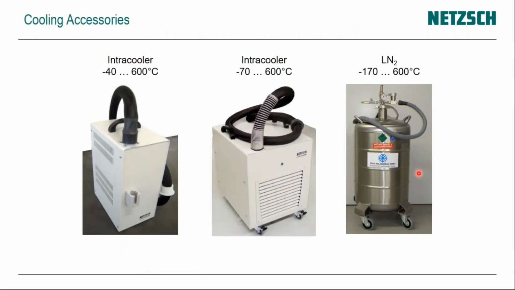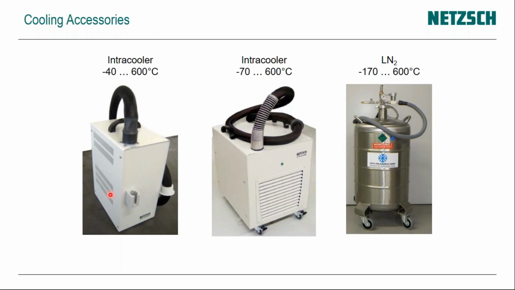Okay, as I mentioned about the cooling accessories, for -170 to 600 degrees, we have this electric cooling system. This is a Dewar tank. It is a portable Dewar tank, which can be moved across the lab. It's a 60-liter tank, as you can see here, with the controller and the regulator, and it can be connected by this hose pipe directly to our DSC.